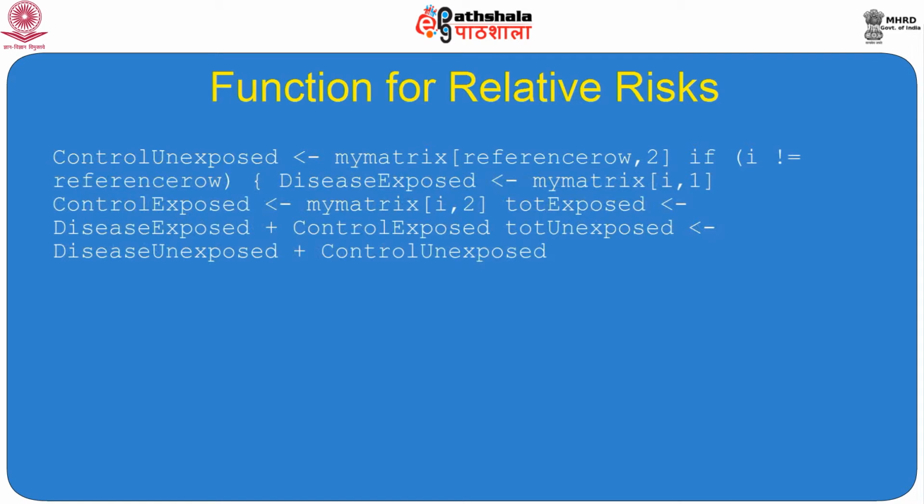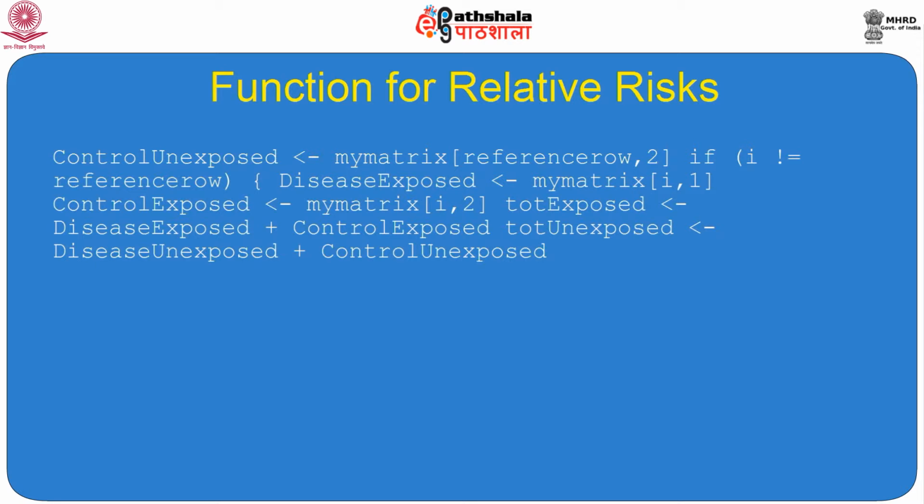Now like the earlier slide, control unexposed is defined as my matrix at reference row comma 2, and if i equals reference row, disease exposed follows to my matrix of i comma 1, and control exposed is given as my matrix i comma 2.